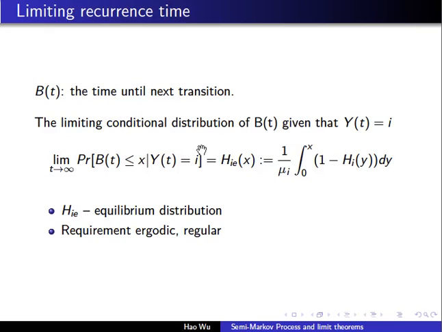We calculate that, and it will be given by this equilibrium distribution. An equilibrium distribution in the renewal process is defined in this way, with Hi being the interarrival time.